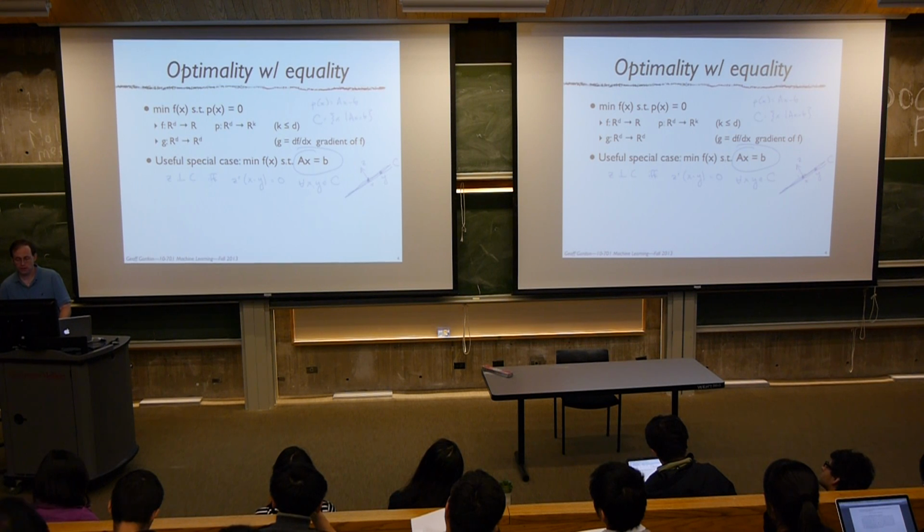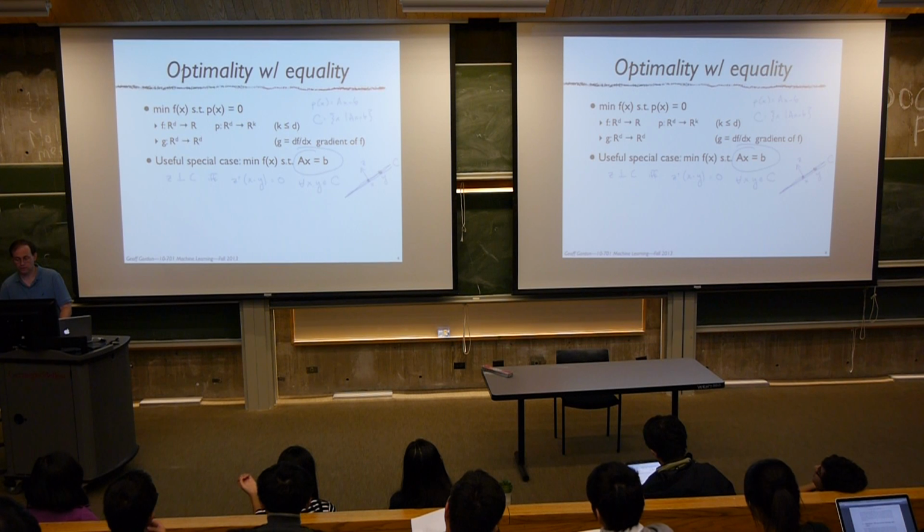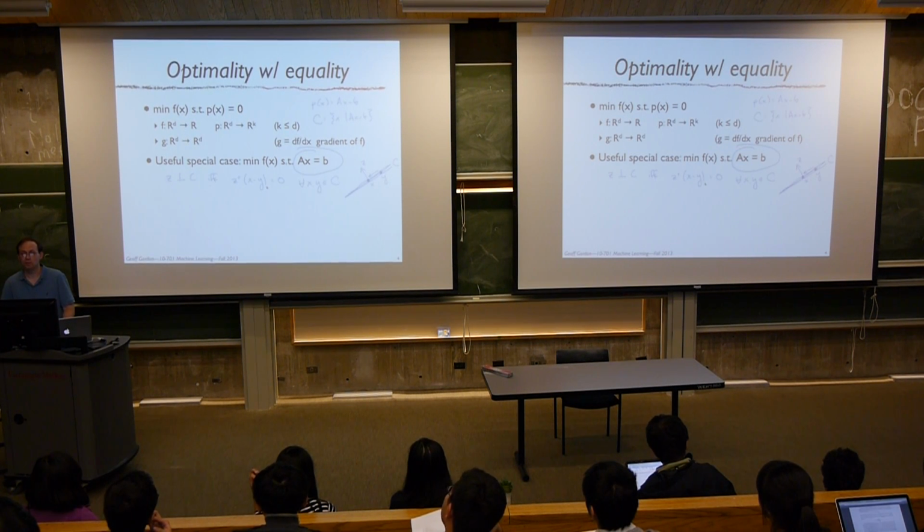We have that z is orthogonal to C if and only if this vector is orthogonal to the vector between these two points, x minus y. This needs to be true for any x and y because we want z to be orthogonal to the whole surface, right? So people understand that?